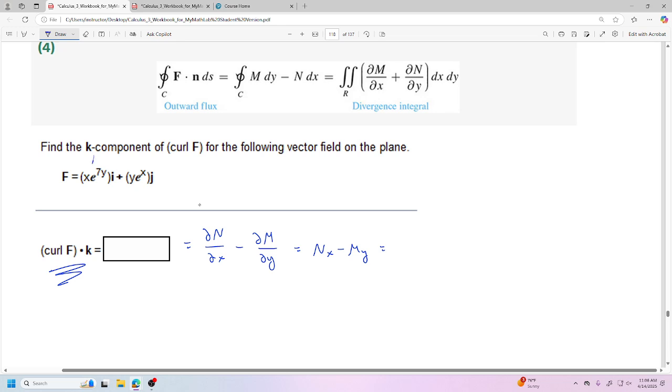Now again, remember that M comes first in the alphabet, then N. M, N, O, P, Q, R, S. Okay, whatever. So this is the one that we're going to do in terms of x, and then this guy we're going to do in terms of y. See how it's flipped? Okay, so let's do the first one. If I need to take a derivative in terms of x, what would I get?